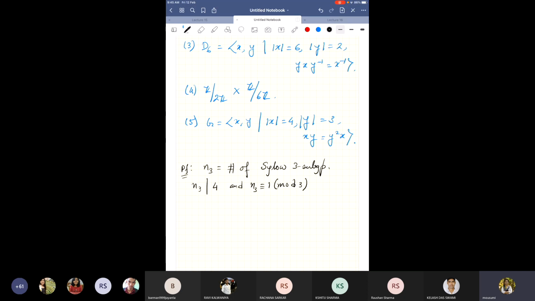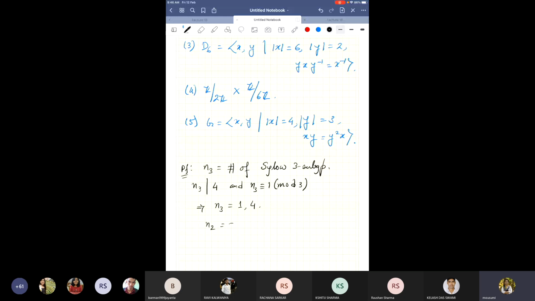Then what are the possibilities for N3? 1 or 4. There are 3 divisors of 4: 1, 2 and 4, but 2 doesn't satisfy this equation. Only 1 and 4 satisfy it. So the possibilities for N3 are 1 and 4.